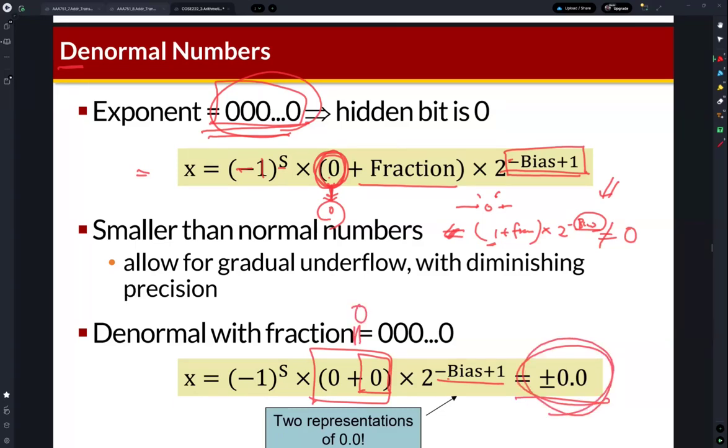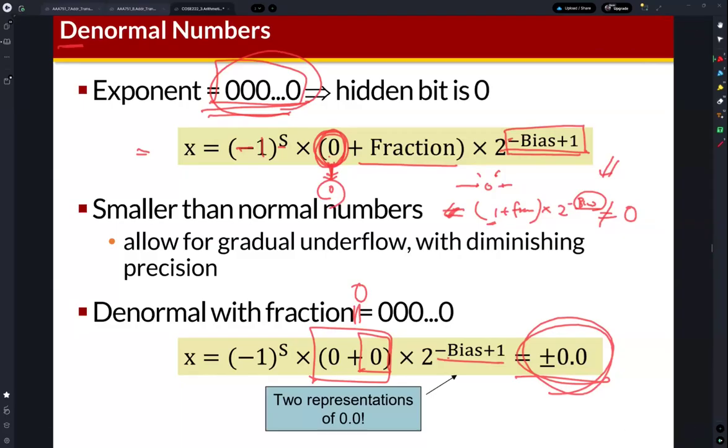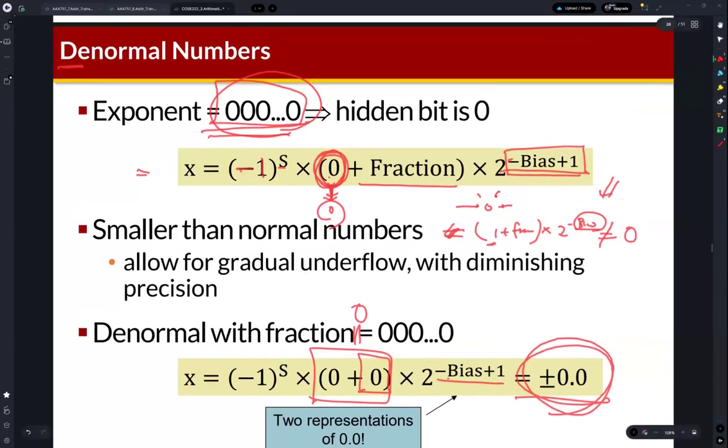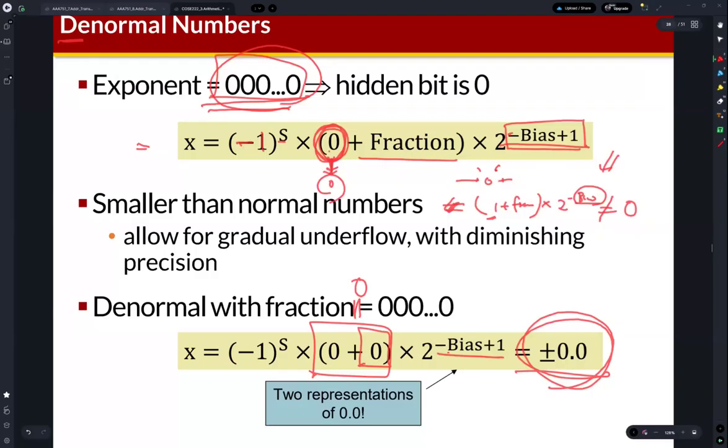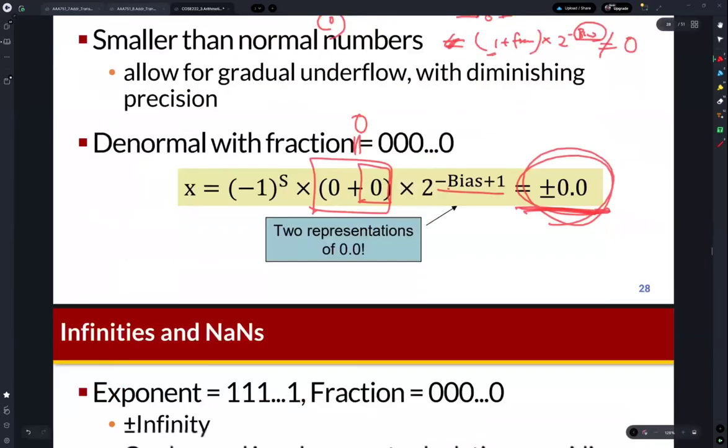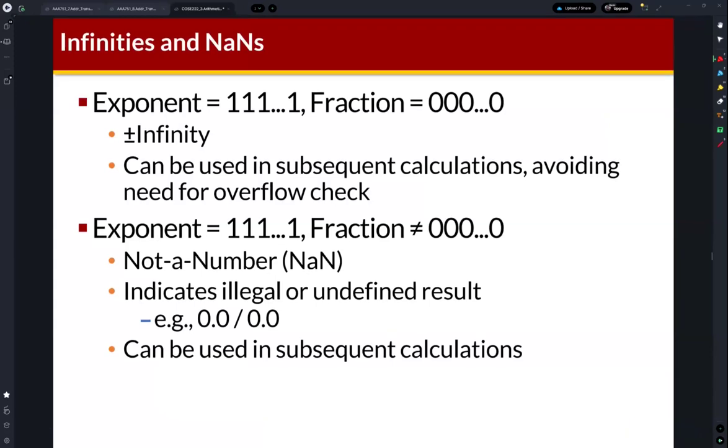So you can remember that when all exponent bits are 0, we use these denormal numbers for representing very small numbers, numbers close to 0, right? Then we can also represent 0, right? And then infinity and not a number. Not a number cannot be represented using ordinary numbers, right?